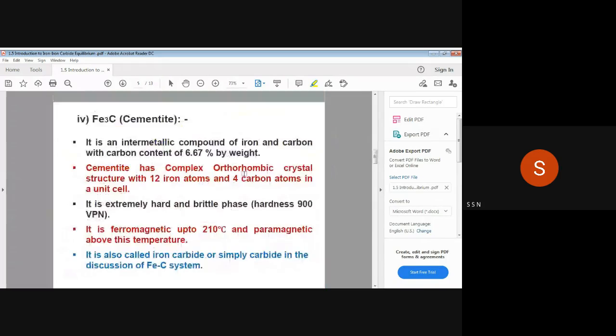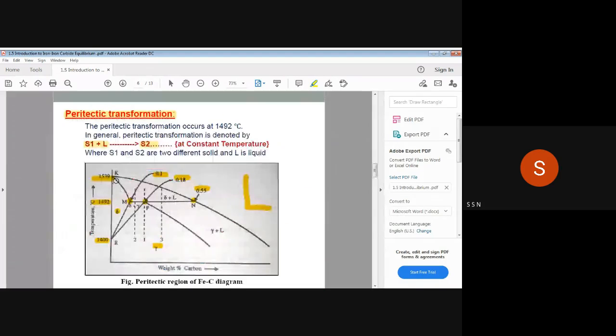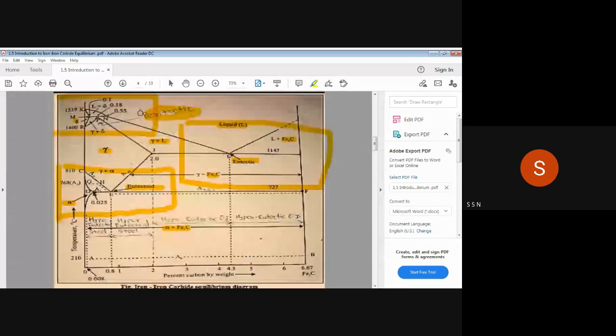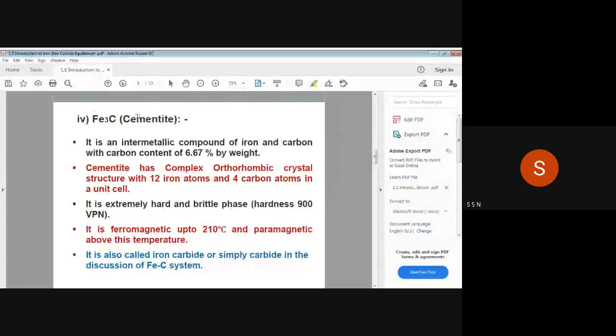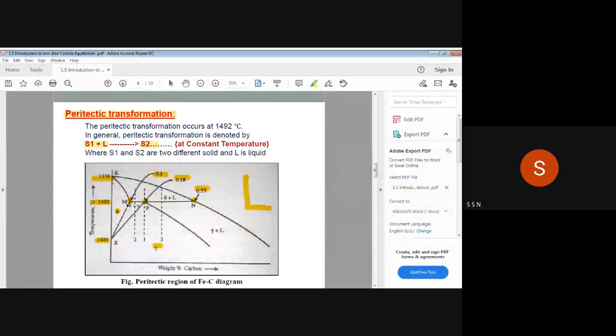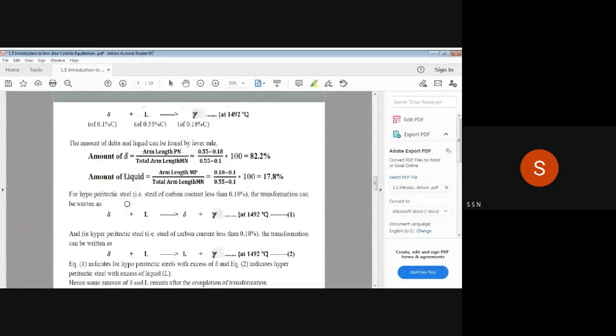So here for the peritectic transformation, which occurs at the higher temperature in the diagram, this is the first block. So there one solid, delta ferrite, and one liquid combine at a constant temperature to give one more solid, that is gamma austenite.